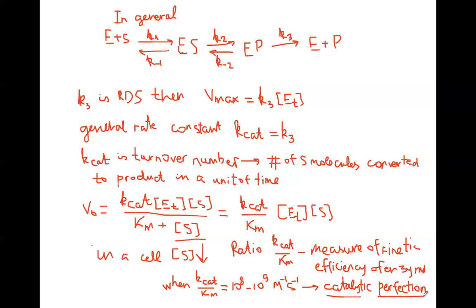But for the enzymes which have achieved catalytic perfection, every time the substrate finds an enzyme in solution, basically hits the enzyme, it undergoes a chemical transformation. In this case, the enzymes have achieved catalytic perfection. So basically, we say that the catalytic efficiency of the enzymes is limited by diffusion, right?